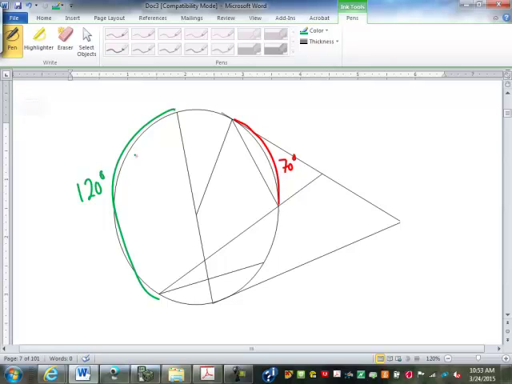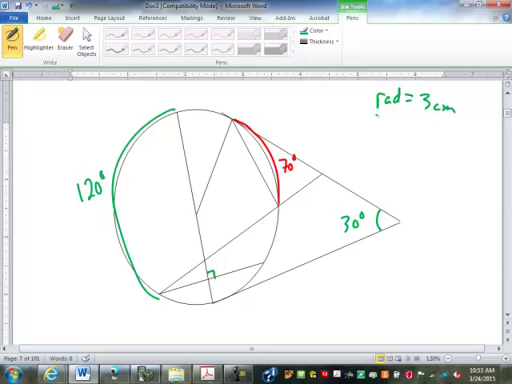We are given angle ACF, this angle out here, is 30 degrees. And we are given OG, in other words, the radius is 3 centimeters. And we're given that this is perpendicular here, and that EK is 2.5. That'll come in later. We don't need to worry about that right now.